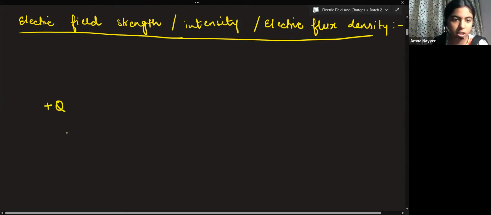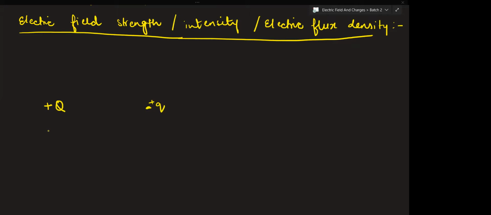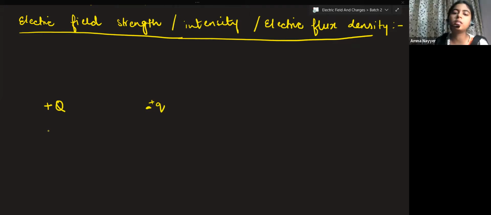You have this charge plus Q with you, and you also have this charge plus small q with you. What is the name of this charge plus capital Q? Source charge. And small plus q is your test charge. So your source charge is kept stationary and the test charge is kept moving. Now see what happens.